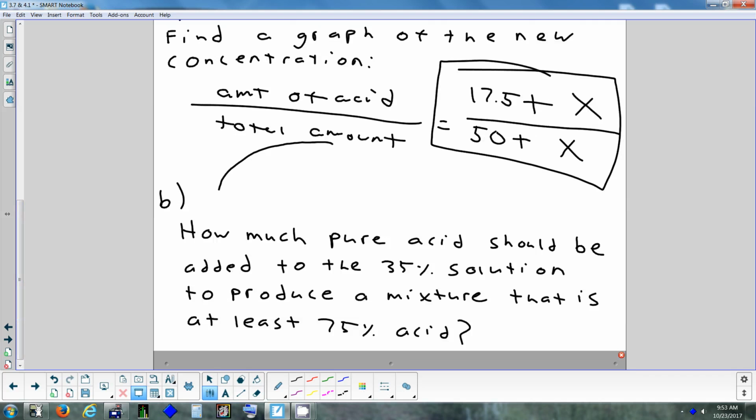If you just set our formula equal to 0.75 and then graph it on the calculator, you can find an intersect basically like this. Graph 0.75, graph what's in the box, and see how much acid you need to add. But we can take a look at that tomorrow.